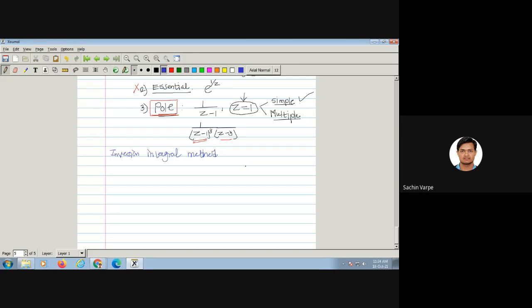We apply the inversion integral method to F(z) into z raised to k minus 1. This is very important: F(z) into z raised to k minus 1.